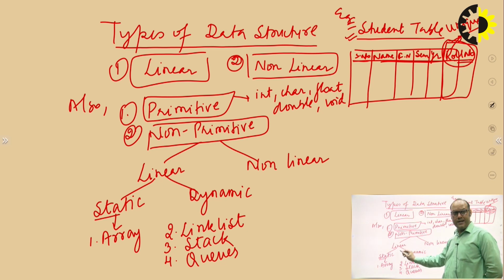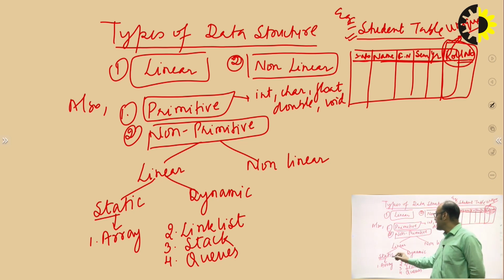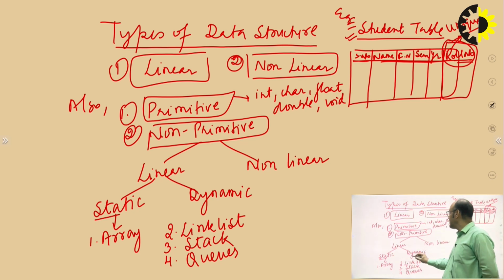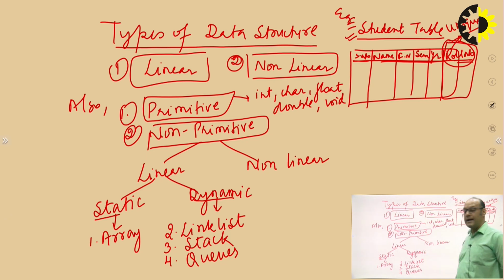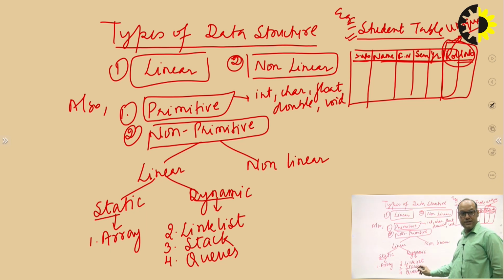You can directly classify linear data structure into these 4 types: arrays, linked list, stack, and queues. For more clarification, I have just divided into static and dynamic.